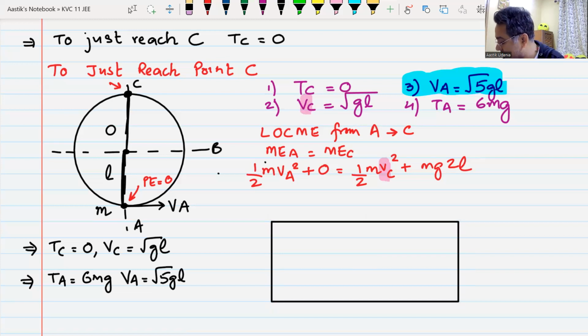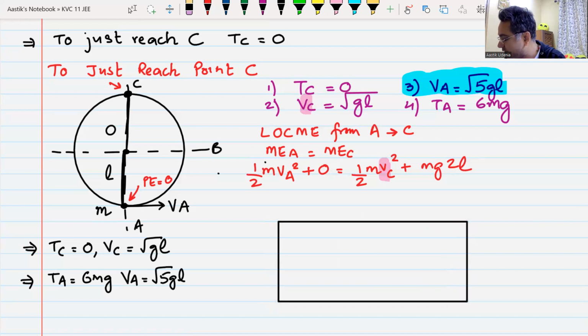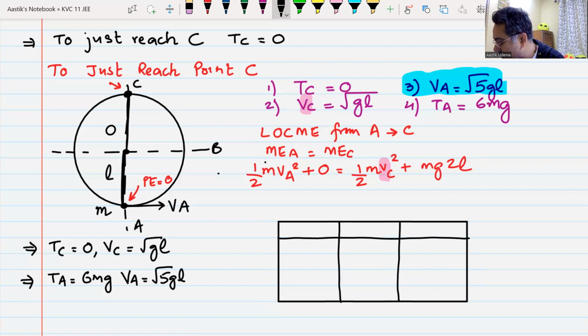Something happened here. Okay. So I made a small table here.